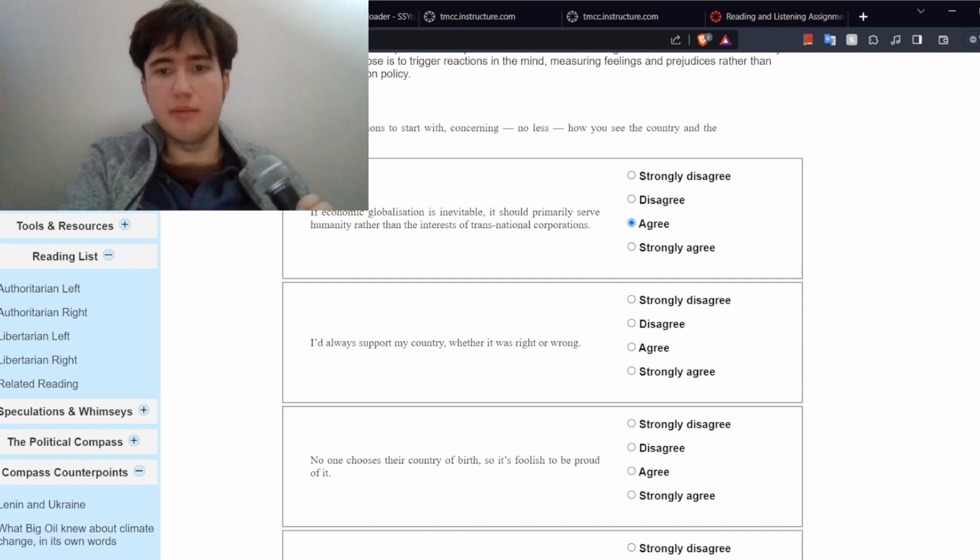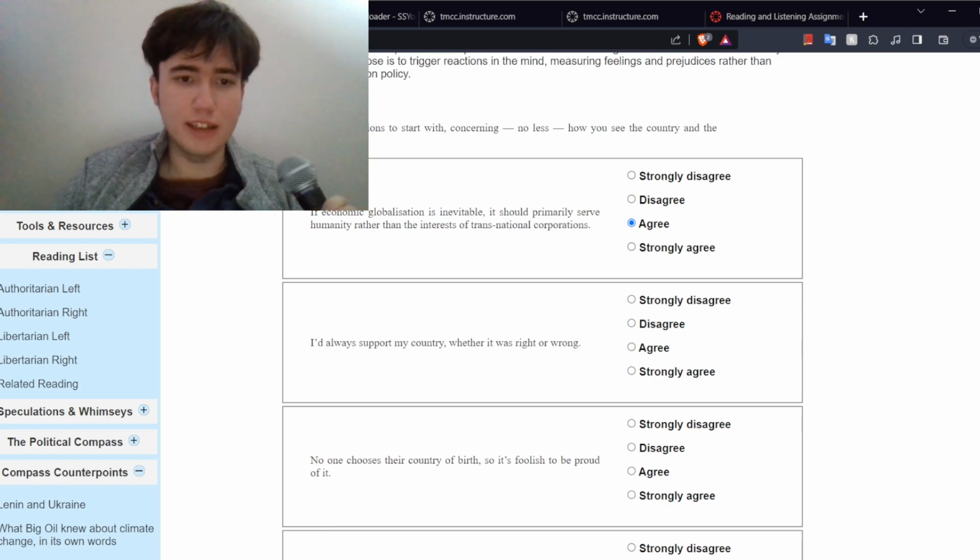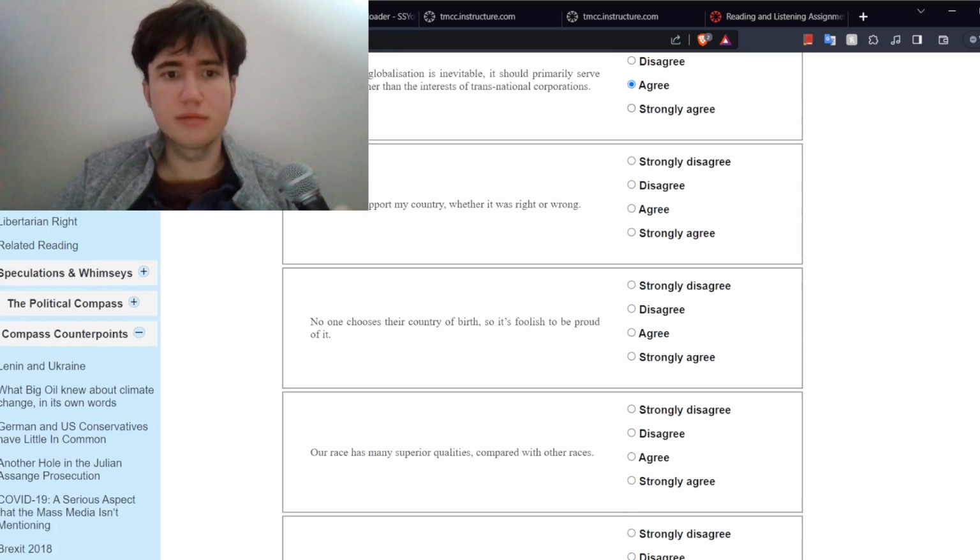Because most people in their right minds would agree with this, whether they're left or right. And then here we have, I'd always support my country whether it was right or wrong. Now that's not a terrible question. Because I guess there are people who think that way.